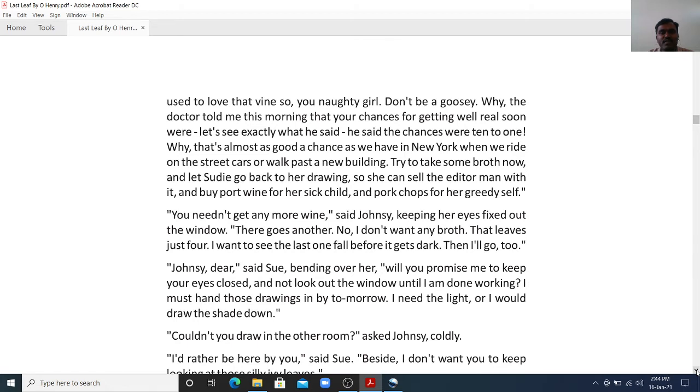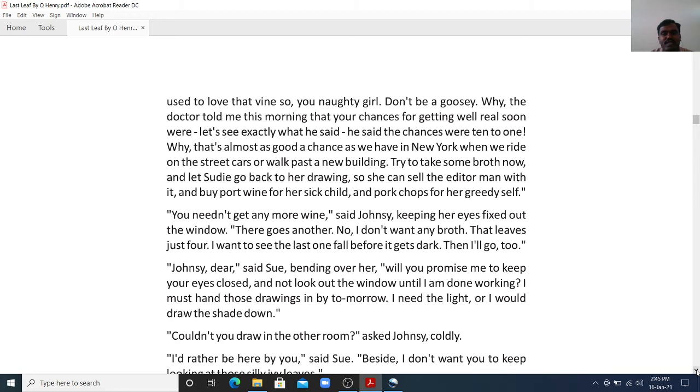Why, that is almost as good a chance as we have in New York when we ride on the streetcars or walk past a new building. So this is the same chance of living as we have when we travel in New York City or pass through a new building. It is the same danger that we have. It is not an extreme danger that you are facing.